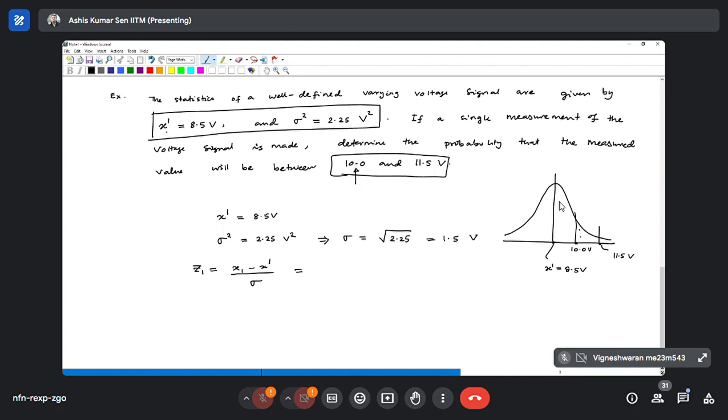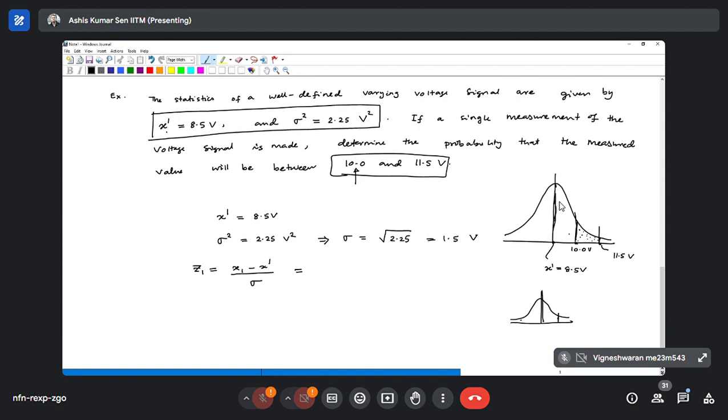So it wants you to find this area essentially. But the way the probability table is listed is that you have to get the area between the mean and that particular value. So what we have to do is find the area from here to here, minus the area from here to here.